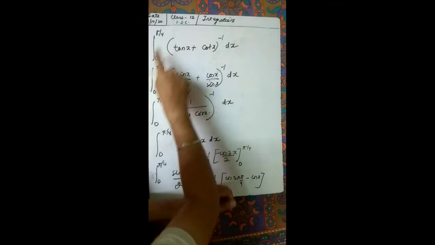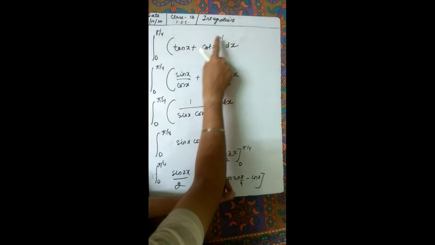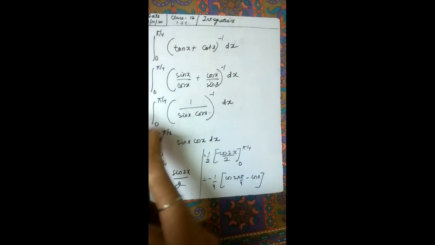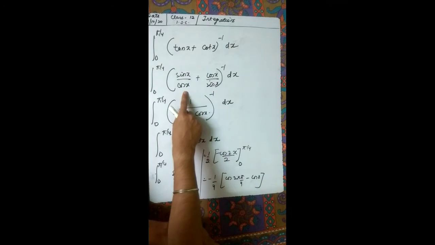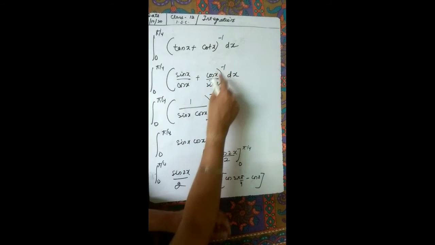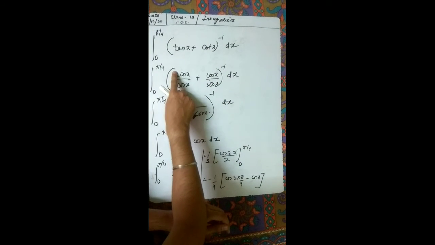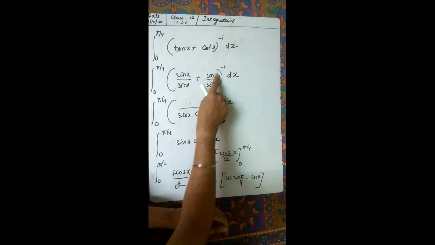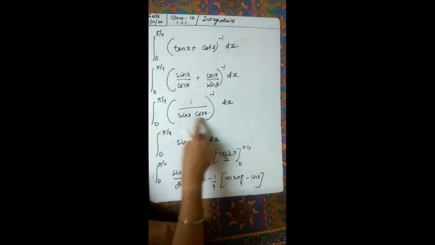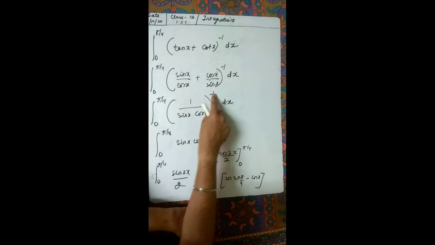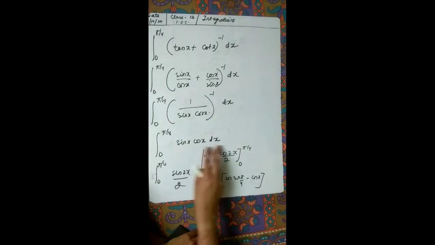So this question I'm doing, integration of 0 to pi by 4 of tan x plus cot x to the power minus 1 dx. We can write tan x as sin x upon cos x plus cot x as cos x upon sin x. Sin square x plus cos square x, it became 1 upon sin x cos x to the power minus 1. Minus 1 let us remove, so it will be sin x cos x dx.